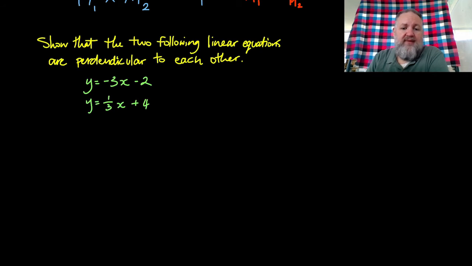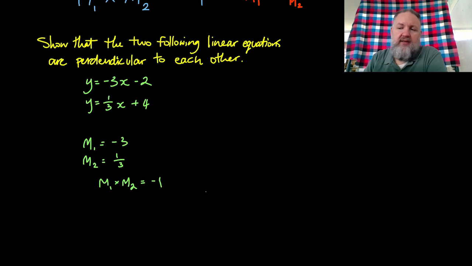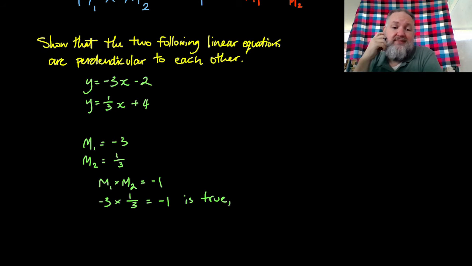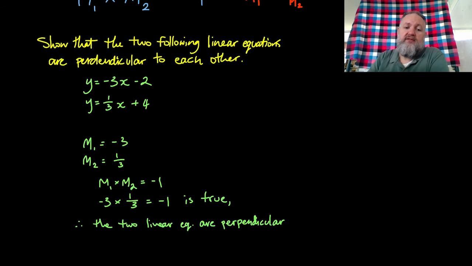We can see that our gradient here is -3, and our gradient here is 1/3. So I can write them down. I can then substitute those values into that little formula that we had before, and when I do that, I can see that -3 times 1/3 is actually -1. So it's true. Therefore, the two linear equations are perpendicular to each other.